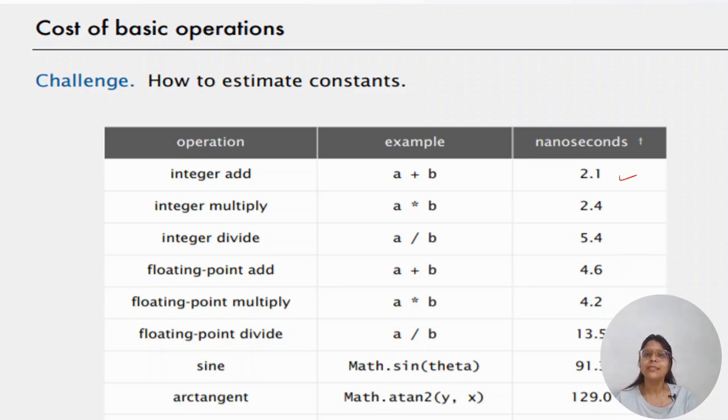These are some constant times taken by these basic operations, so you can write that these are constant time operations that can be there in your program. If there is any program having a basic operation, you just write that the complexity will be equal to constant time.